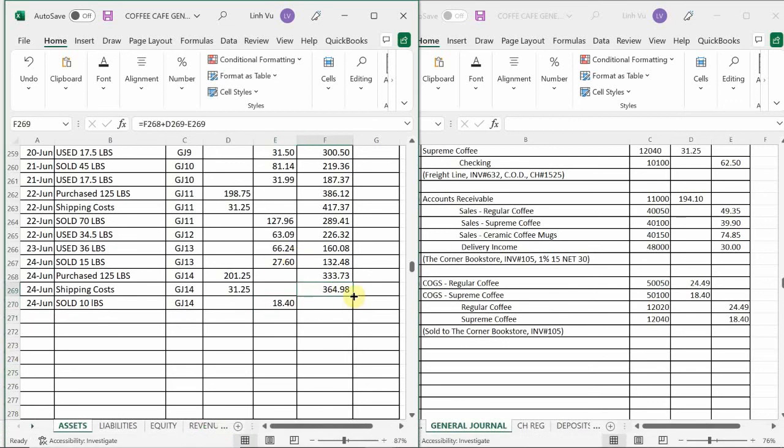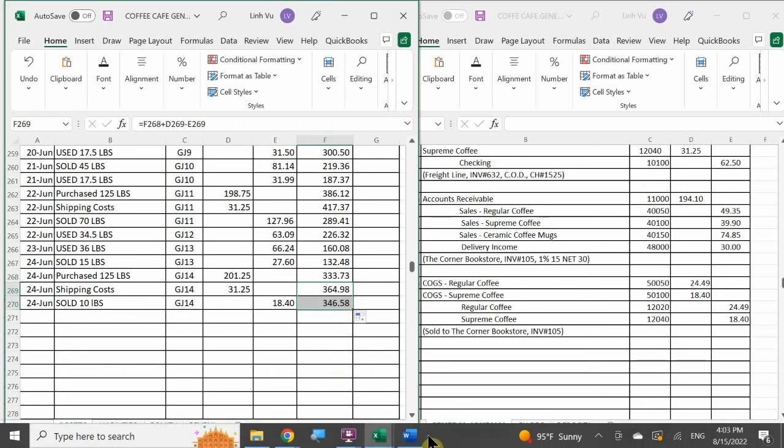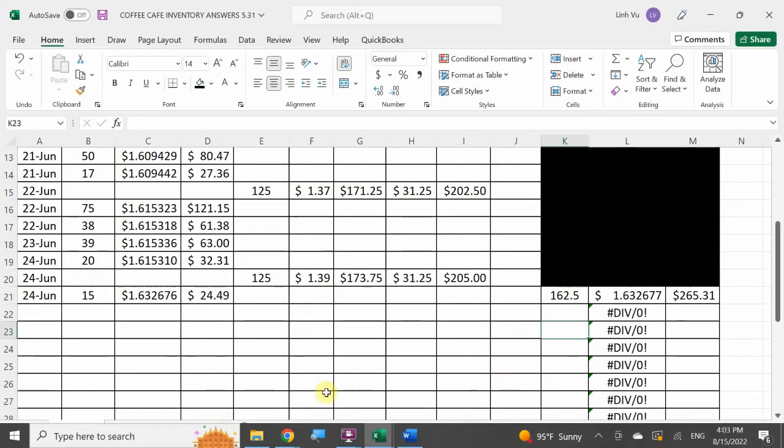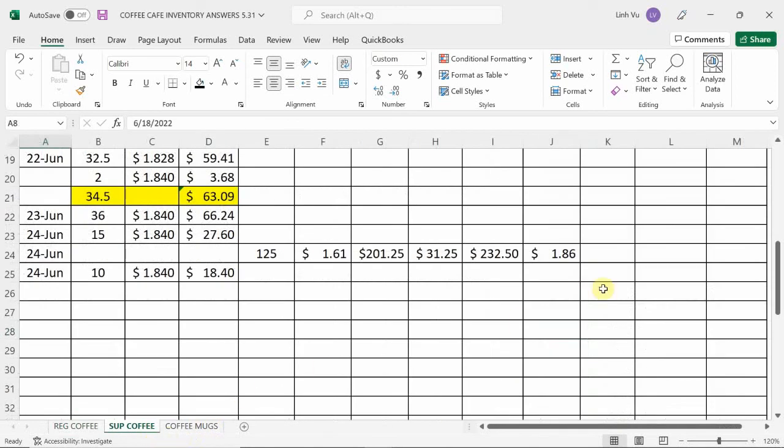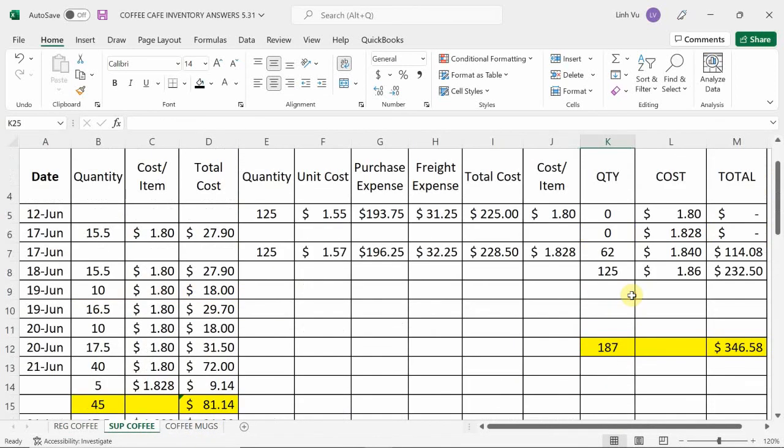And then grand total is $346.58, which is what we have for the inventory. Okay. Good.